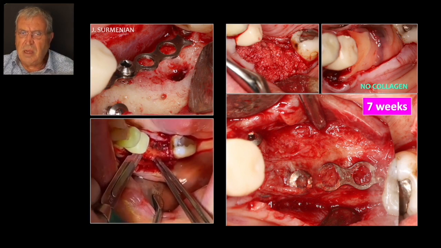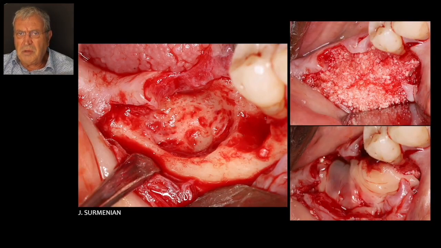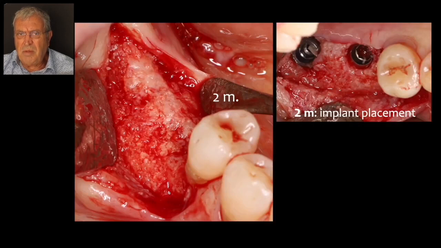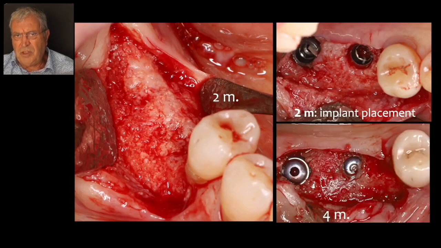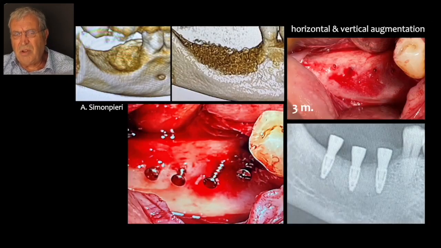Very fast healing of this huge defect. Only 2 months. It's enough to place the implant and look after 2 months again for the soft tissue management. How is the bone? Only 3 months to achieve a fantastic healing in vertical and horizontal augmentation just with screws.